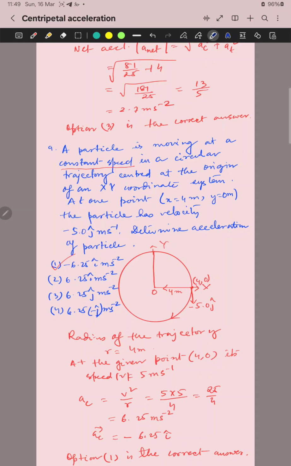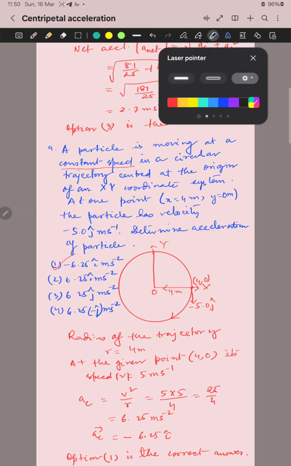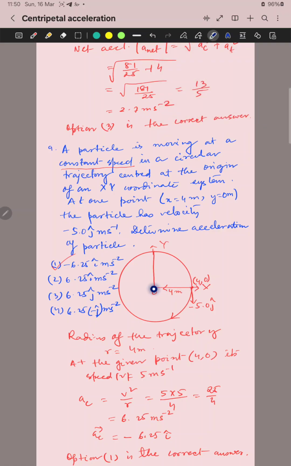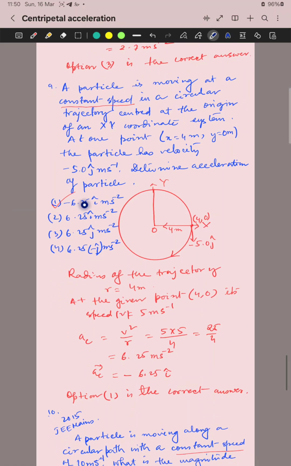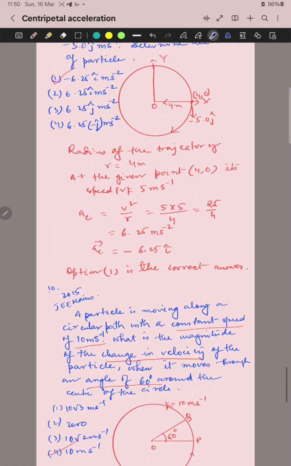This is because the centripetal acceleration is always directed towards the center. So if the acceleration is directed towards the center, that means it is directed towards the negative direction of x-axis. So therefore option 1 is the correct answer.